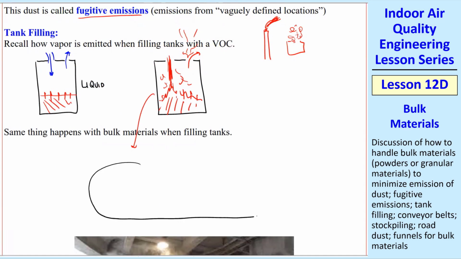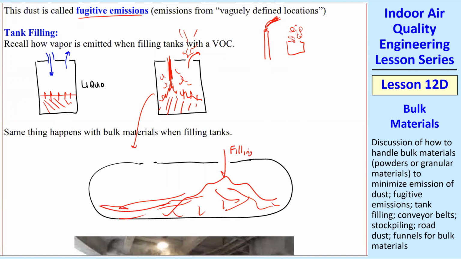If you have a cylindrical round tank, they usually have two openings, and that's because if you're filling the bulk material here, it's again building up this granular bulk material, and it has to force the air and the dust out due to the displacement effect, just like we had with liquids. So the volume flow rate that you put in is the same volume flow rate of the air coming out.